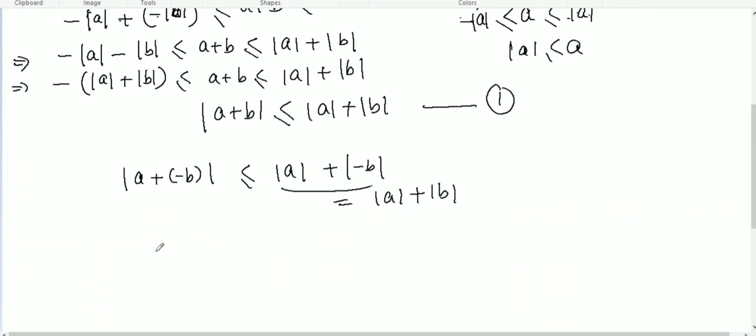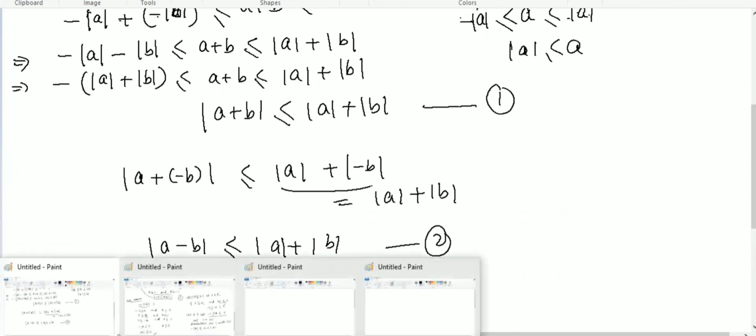What does that mean? Absolute value of A plus minus B is less than equal to absolute value of A plus absolute value of B. Name it second.